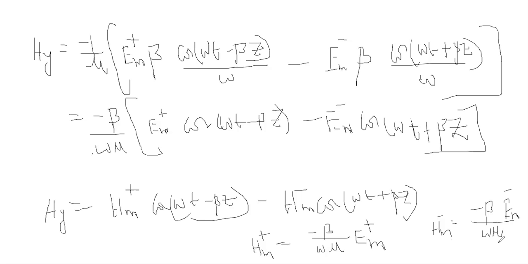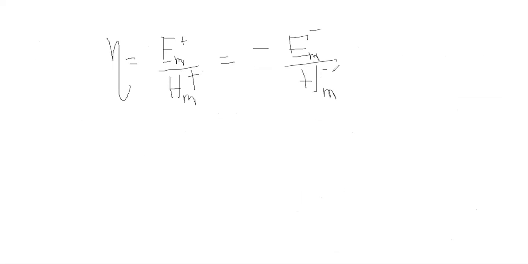Now let us see. Eta means intrinsic impedance, the ratio between the electric field and the magnetic field positive coefficients Em plus by Hm plus, or it is also equal to minus of Em minus by Hm minus.